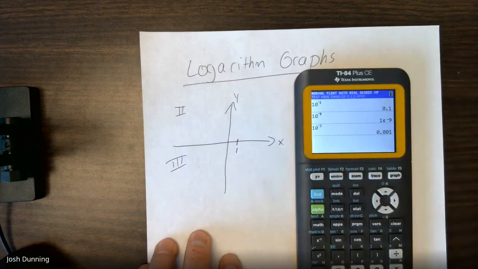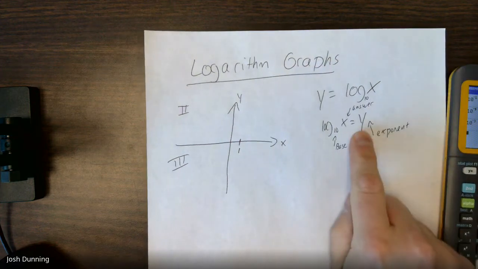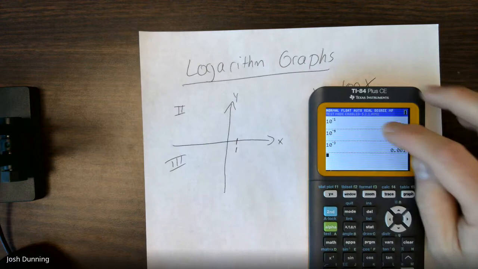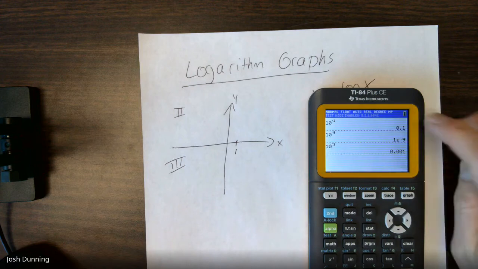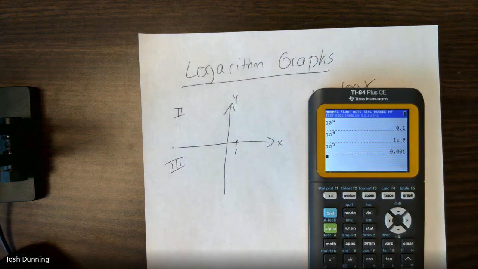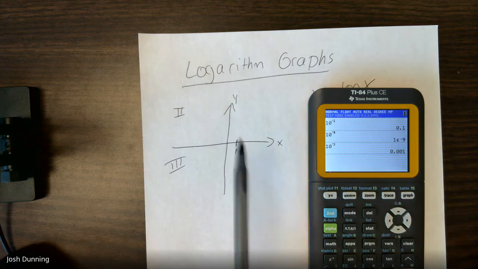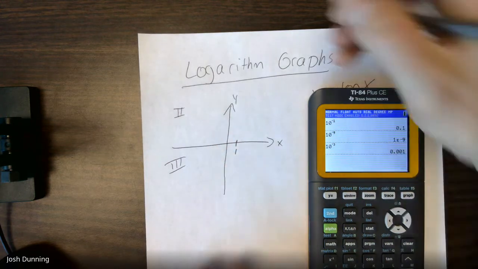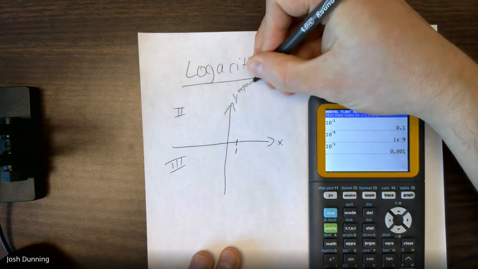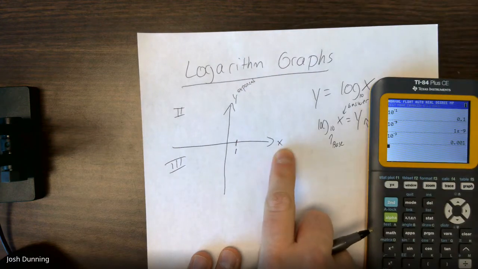Now, let's think about what I just said. And keep in mind that y is the exponent. When I had a negative exponent, I got a decimal. 0.1 is 1/10, so that's the same thing as a fraction. And that's what we talked about when we reviewed exponent rules for negative exponents in this chapter with exponentials and logarithms. So y is your exponent, x is the result, kinda.